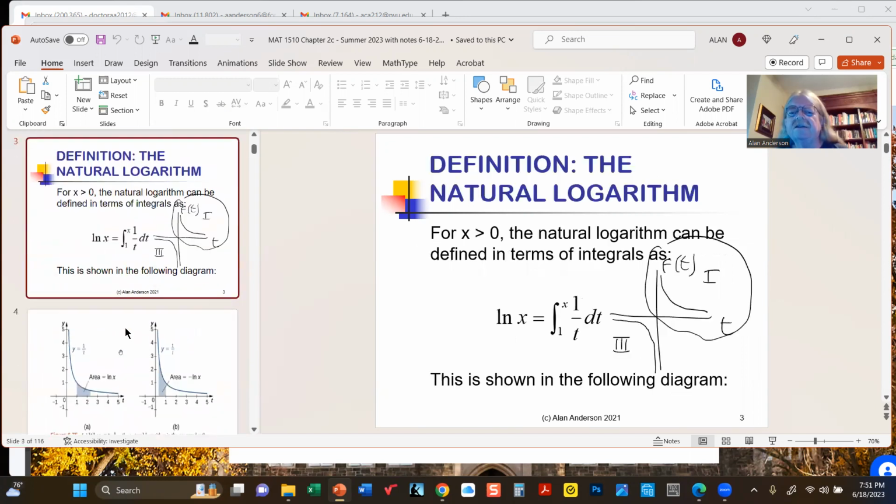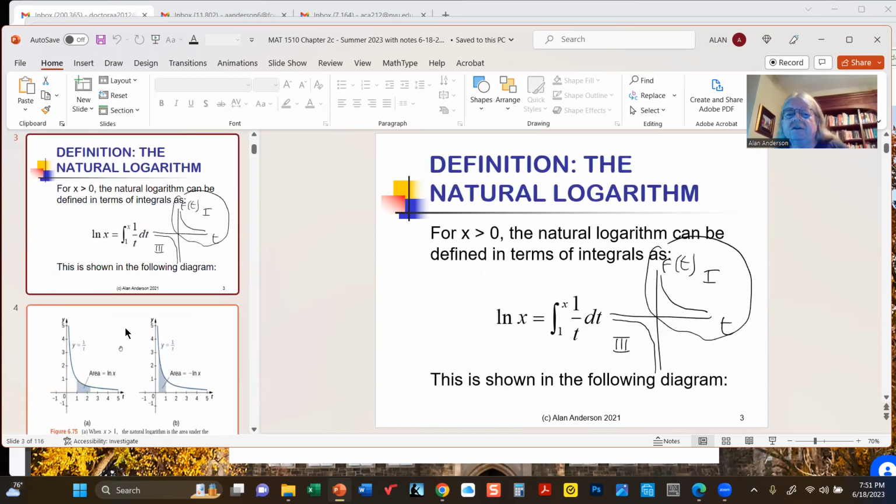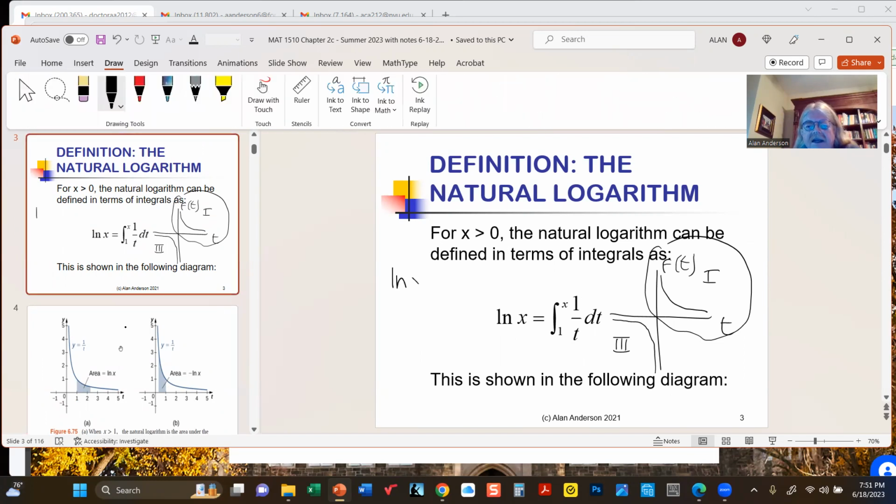So that being the case, the natural log x, let's not forget that ln x is shorthand for natural log of x. And that simply is equal to the log to base e, where e itself is approximately equal to 2.71828.